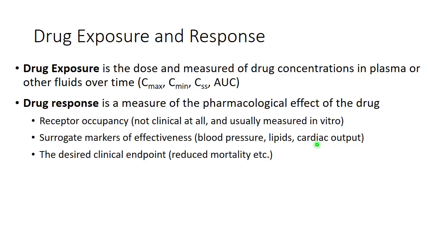What I mean by that is the things that are really the desired endpoint is survival for a longer period of time, so basically extending someone's lifespan, or reducing mortality, improving their quality of life, whereas these are just means to that end, right? But those are markers of drug response.